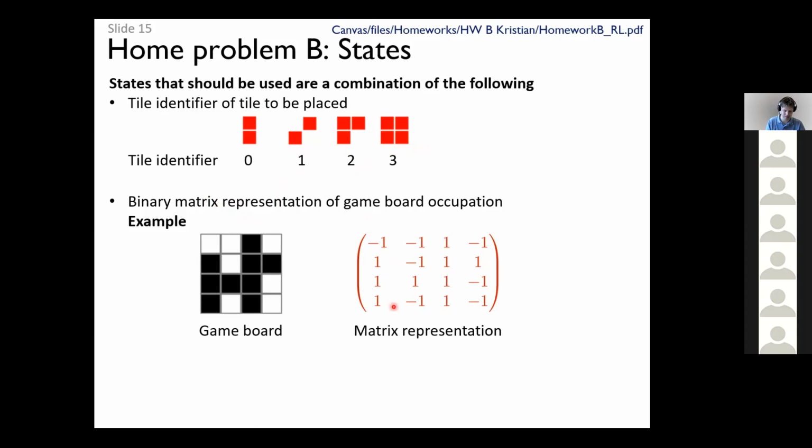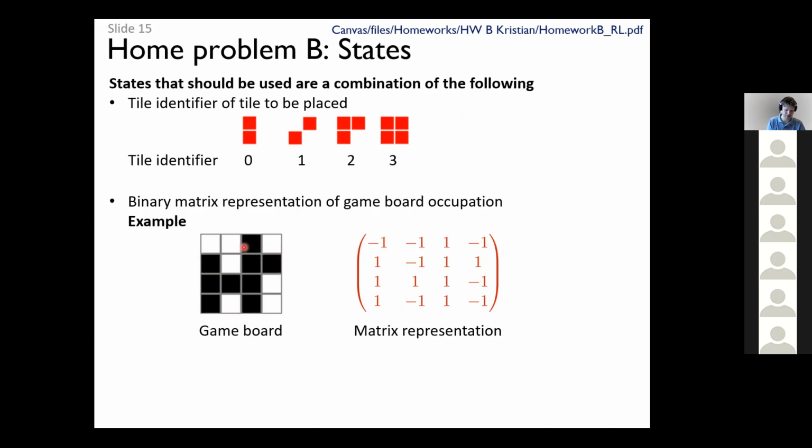So this is the representation of the state that you should use in the program, but there is also additional information that one could use, or other representations of the states. For example, one could use the height of the columns as a state.